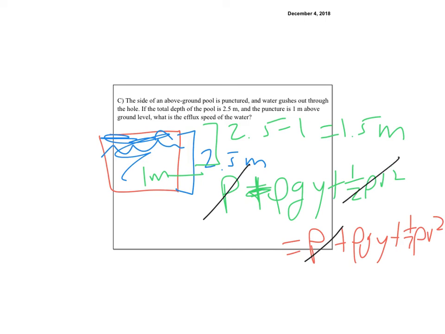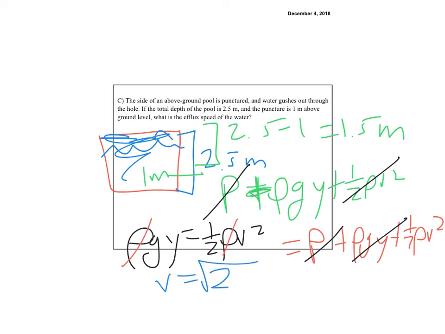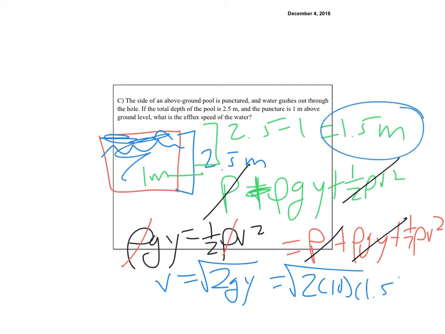We know that it's not moving at the top and there's no height at the bottom. So now I'm left with rho g y equals 1/2 rho v squared. I can cross off my rhos, and now I can get to that equation that I already knew, which is v equals the square root of 2gy, which is the square root of 2 times 10 times 1.5.